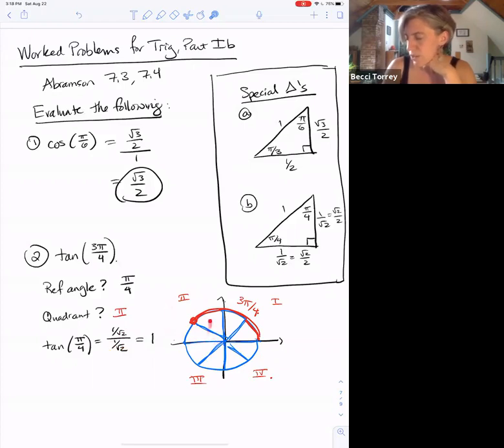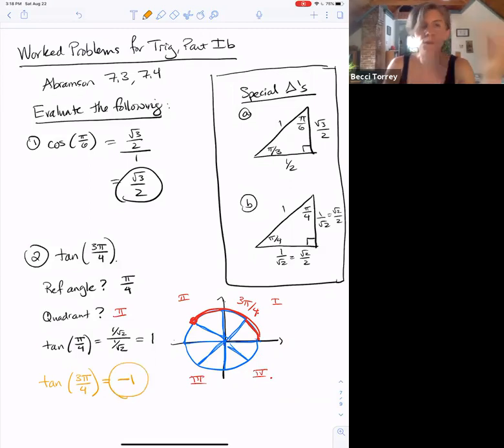So tangent is always going to be negative when we're in quadrant 2. And so tangent of 3 pi over 4, which is the one we're interested in, is 1 over square root of 2 divided by minus 1 over square root of 2, which is minus 1. Or you can just say it's the negative of tangent of pi over 4 because we know it's in quadrant 2.